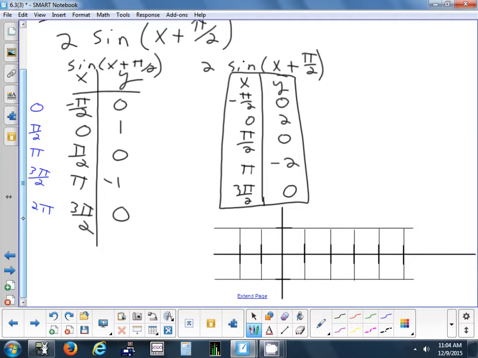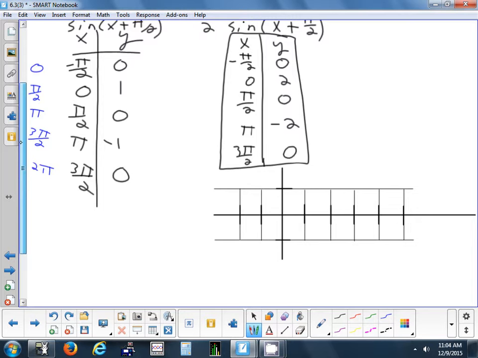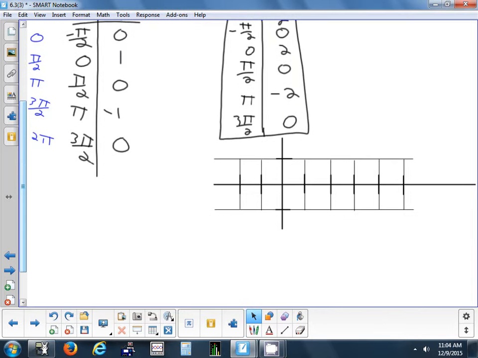All right, so now let's just make our graph. We're going to be at negative pi over 2, 0. We're going to use that point, so I'm not skipping. Pi over 2, pi, 3 pi over 2. Highest value and lowest value I need are what? 2 and negative 2.